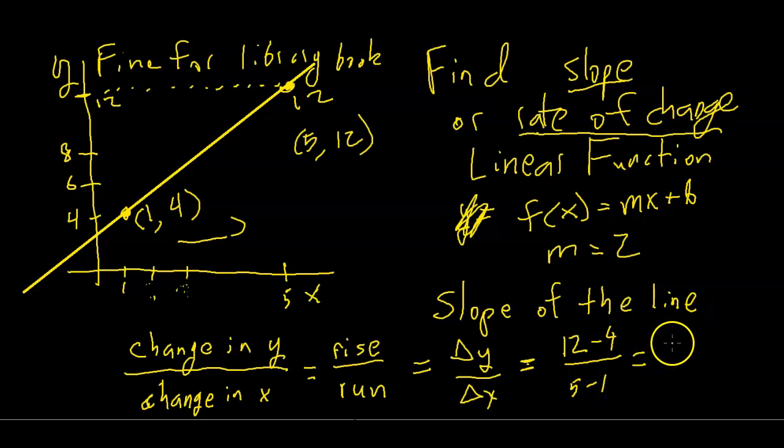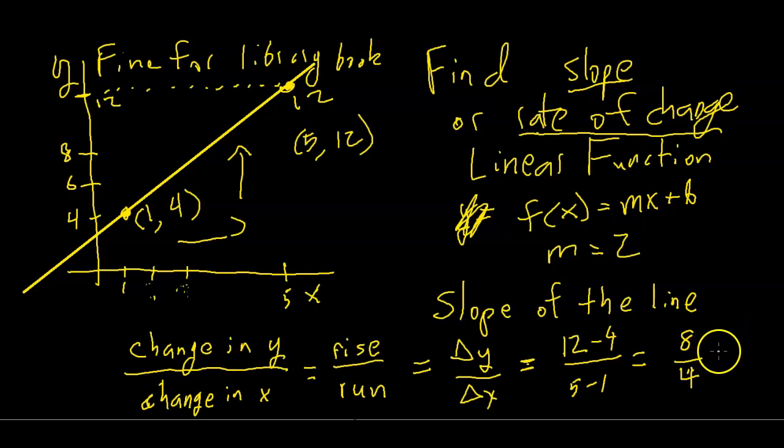So change in y is 12 minus 4. That's 8, isn't it? Because we went from y equals 4 to y equals 12, so we had to go up by 8 units. Divided by 5 minus 1 is 4, because we started at x equals 1 and went to x equals 5, so we had to go to the right by 4 units.